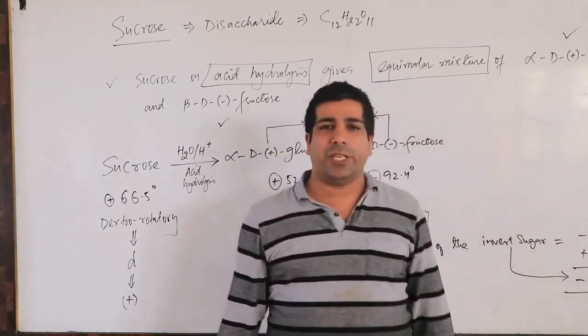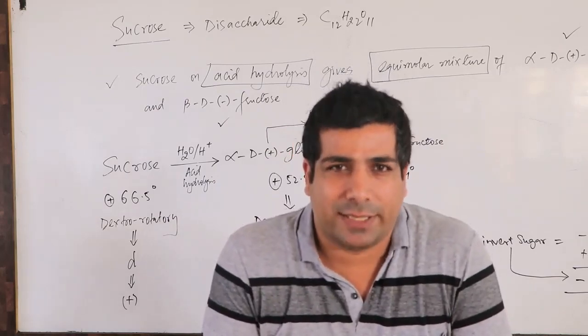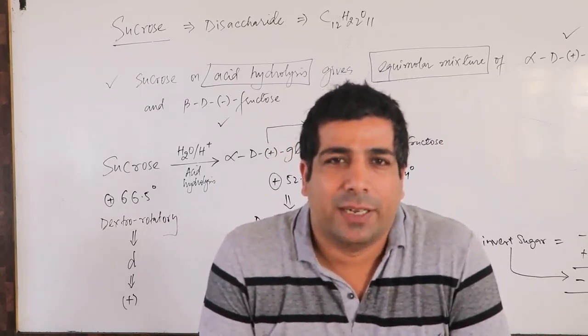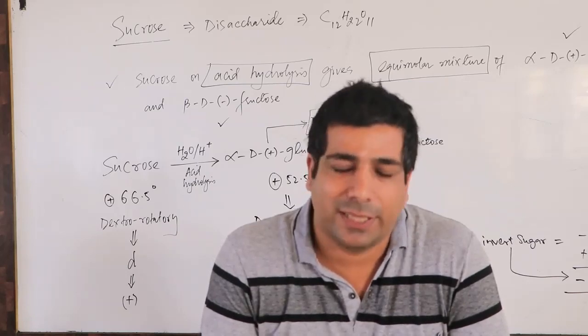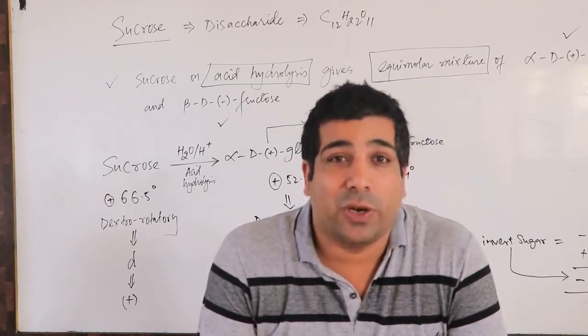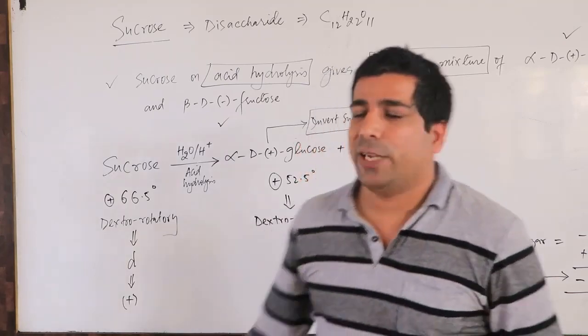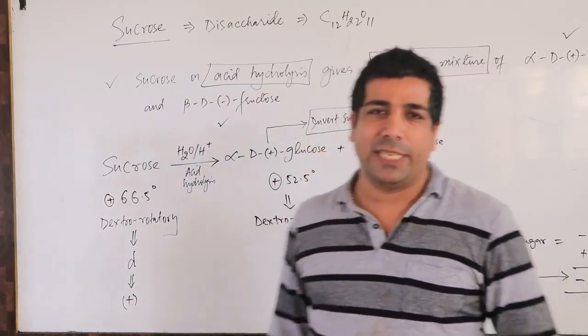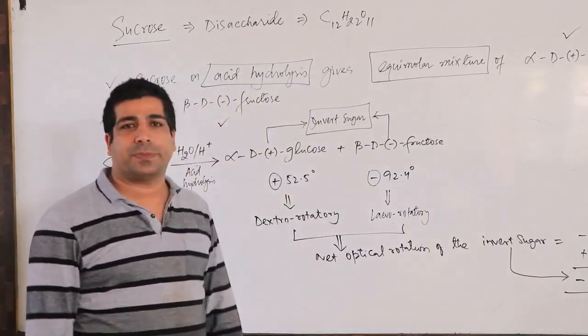So this change in optical rotation from plus to minus during acid hydrolysis of the sucrose molecule, that is what we call inversion of sugar. That's known as inversion of sugar. So please make a note of this.